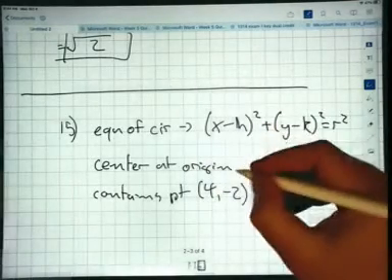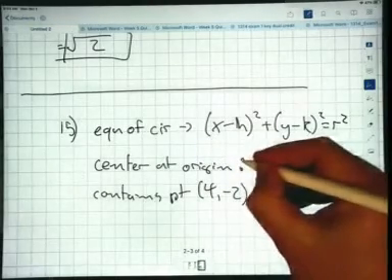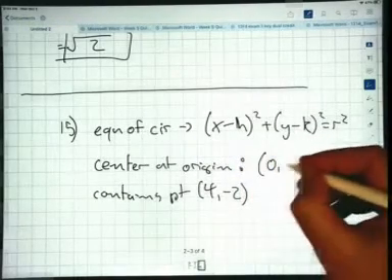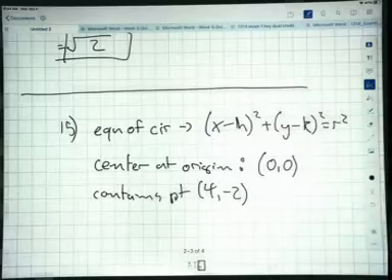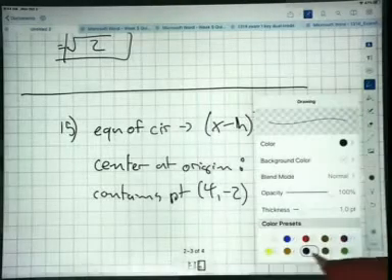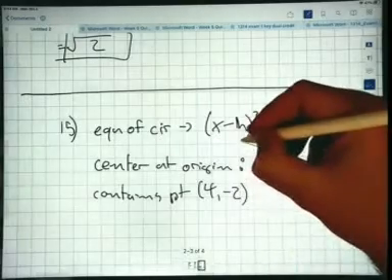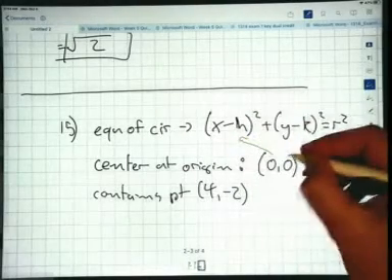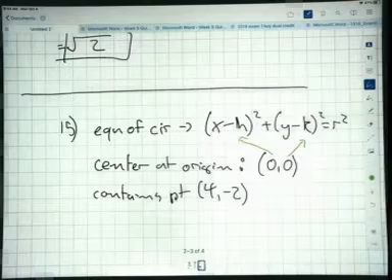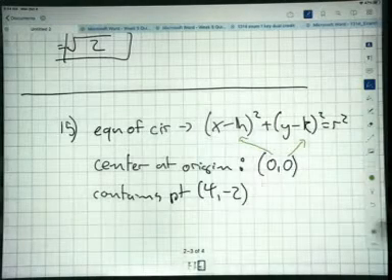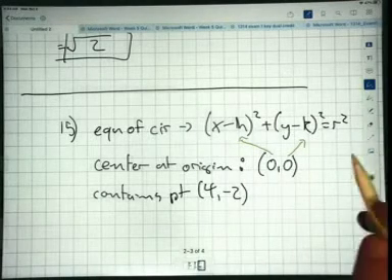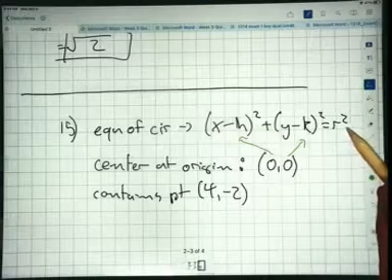Alright, well, if the center is at the origin, we know that that point is 0, 0. So at this point we could plug in 0 for the h and 0 for the k. That gives us our h and k. But we still need to know what r is.